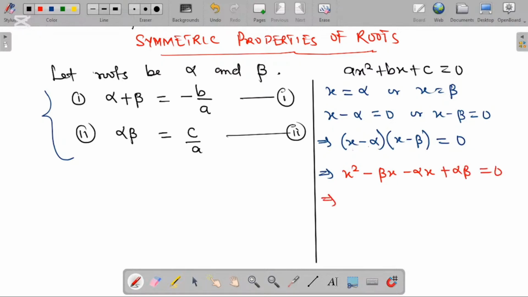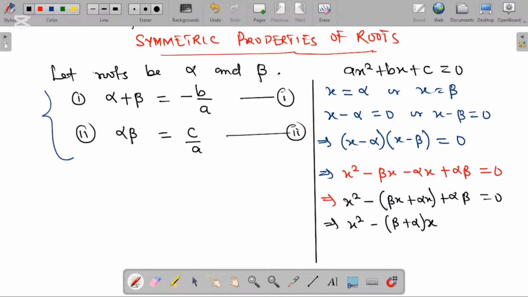If we now try to join these together, we are going to have x squared. I want to factorize, so let me bring minus out. If I bring minus out, I'm going to have beta x plus alpha x, then plus alpha beta equal to 0. Now I want to bring x to this other side, so I'm going to have x squared minus beta plus alpha, x. I'm just factorizing.